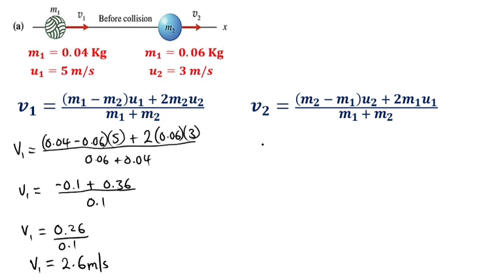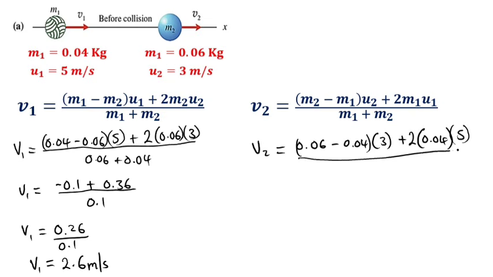To find velocity 2, we're going to use this formula as well. Then we just substitute. So V2 will be equal to M2, 0.06 minus 0.04, multiplied by velocity 2, which was 3, the initial, plus 2 times mass 1, 0.04, times initial velocity 1, which is 5. Now all this is over the sum of the masses, which is 0.1.